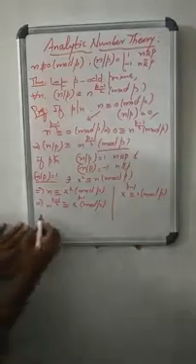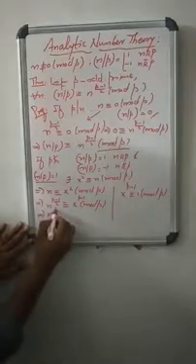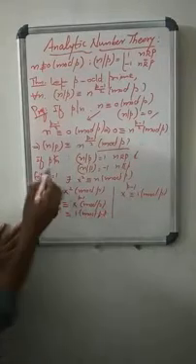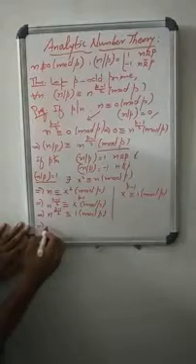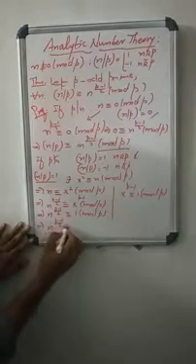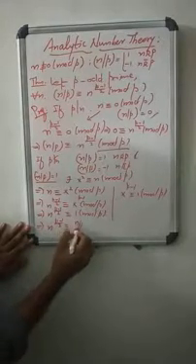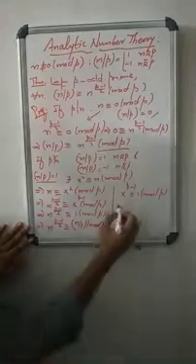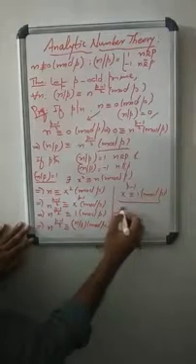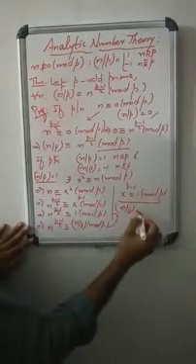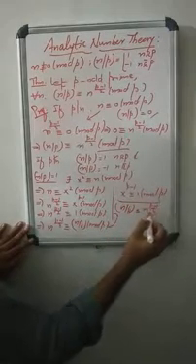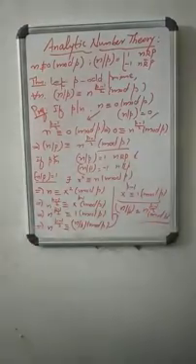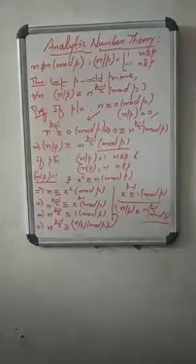Therefore n power (p minus 1)/2 is congruent to 1 mod p. But what is 1? It is (n/p). That means n power (p minus 1)/2 is congruent to (n/p) mod p. So again by symmetry, (n/p) is congruent to n power (p minus 1)/2 mod p. So when (n/p) equals 1, the result also holds.